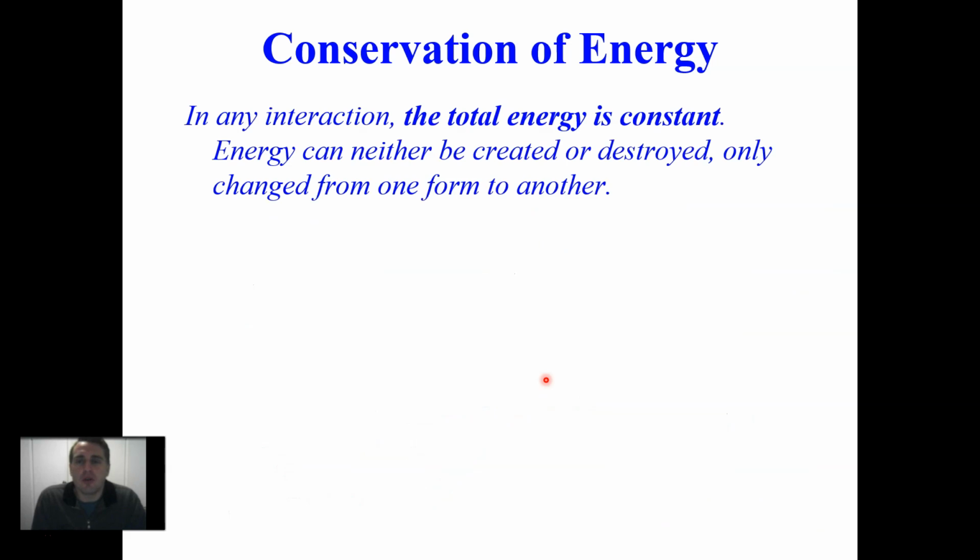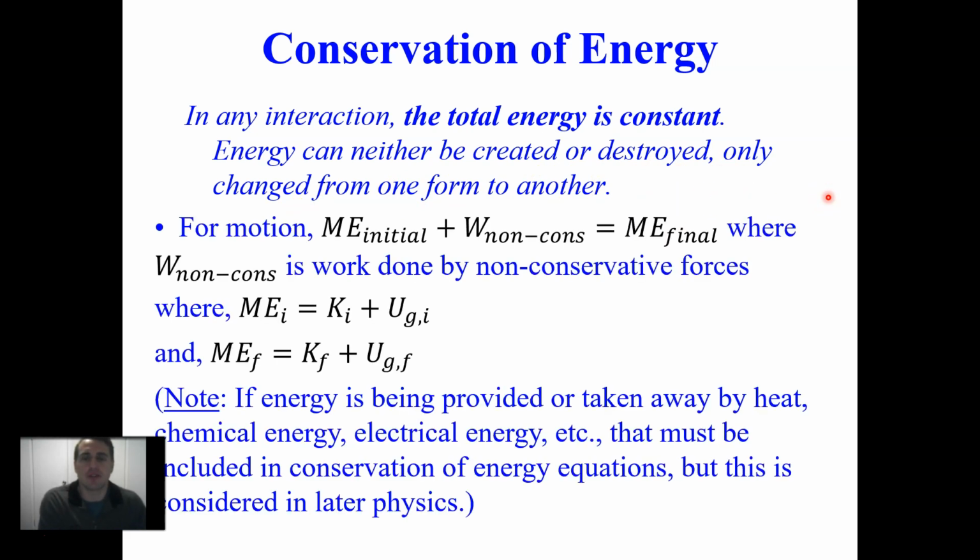Okay, so in any interaction, I want to emphasize, the total energy is constant. Energy is one of the most fundamental quantities in the universe. It can neither be created nor destroyed, only changed from one form to another, namely transferred around. Now for motion, typically we define it this way, that the initial mechanical energy should be the final mechanical energy if all the forces are conservative.